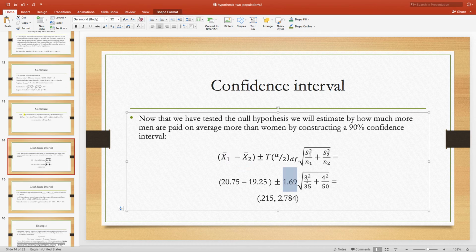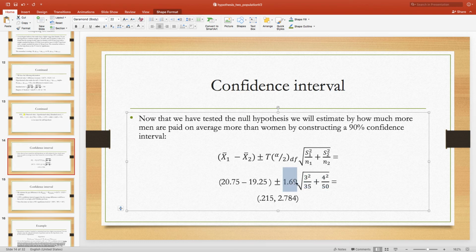I just plugged in the information that was given here. Taking the sample difference, it tells me that the difference in wage could be as small as $0.215 or $0.21, or as much as $2.78 more per hour.